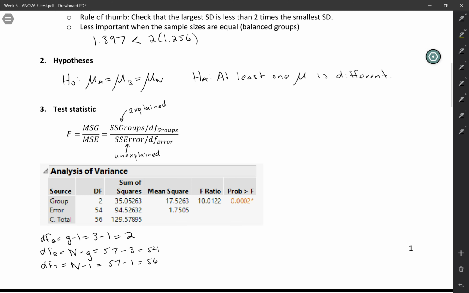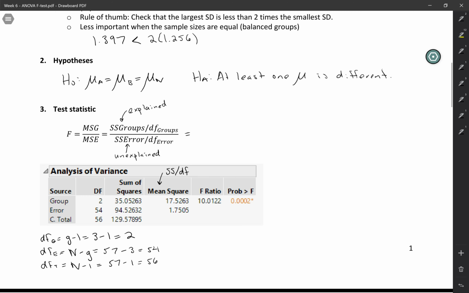But the F statistic is standardized, so it doesn't just look at the explained and unexplained as sums. It's actually going to standardize them based on how many groups there were and what the sample size was. So to do that, we're going to calculate what's called the mean square. The mean square is always just going to be the sum of squares divided by the degrees of freedom.